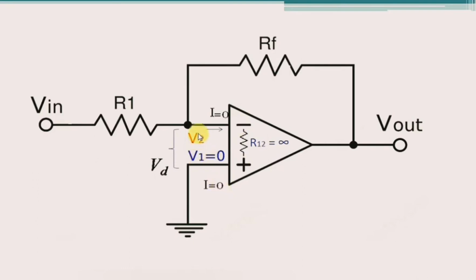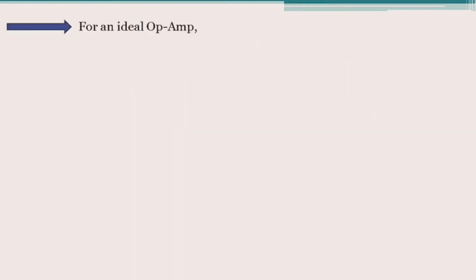And what is the second one? How are the node voltages, that is the inverting node potential and the non-inverting node potential, equal? Consider another definition: for an ideal op amp, the open loop gain is infinite. From the basic definition, gain is nothing but output voltage by input voltage.